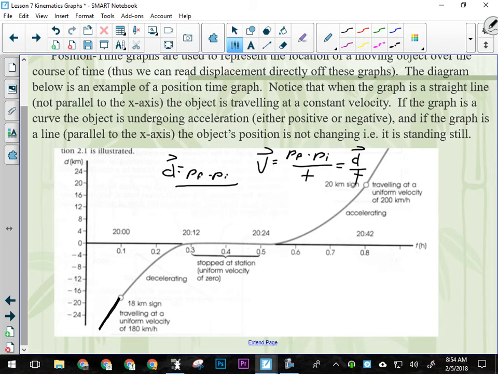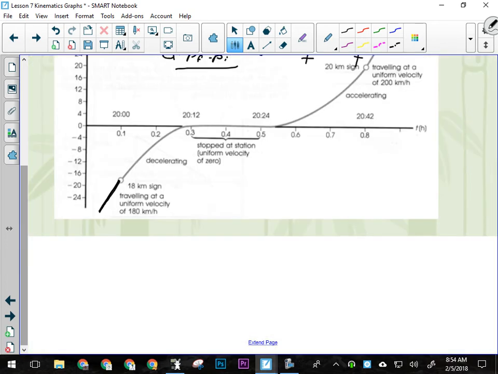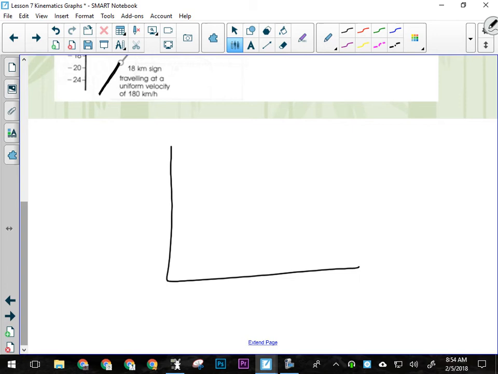On any graph, it doesn't matter what the graph is, if I have a straight line, it's telling me that whatever's on the y goes up at a specific rate with x. Agreed? If it wasn't straight, then the rate would change.